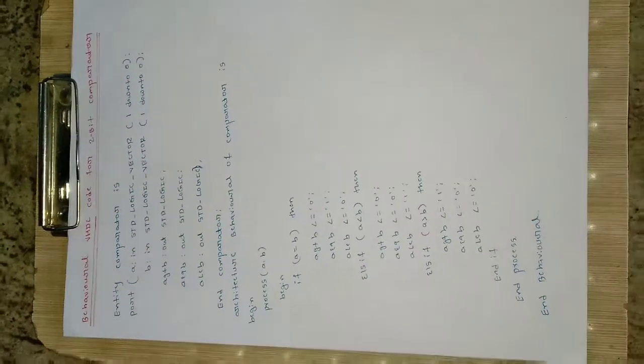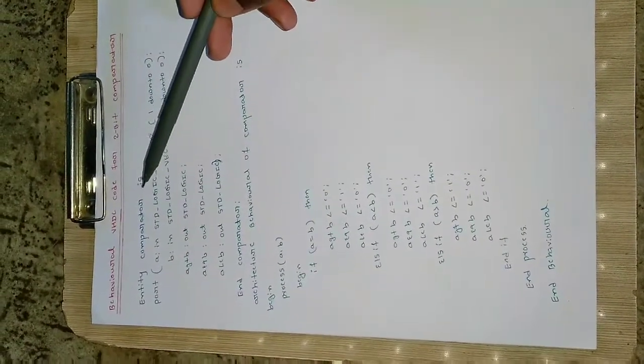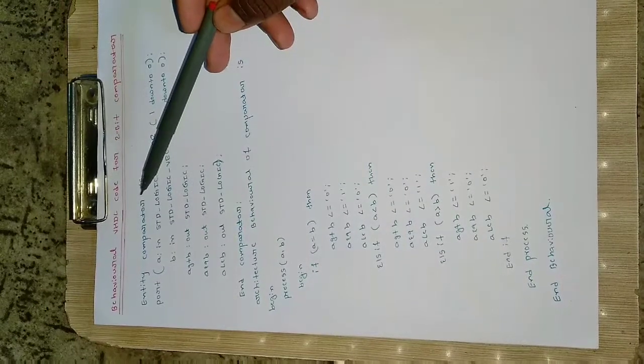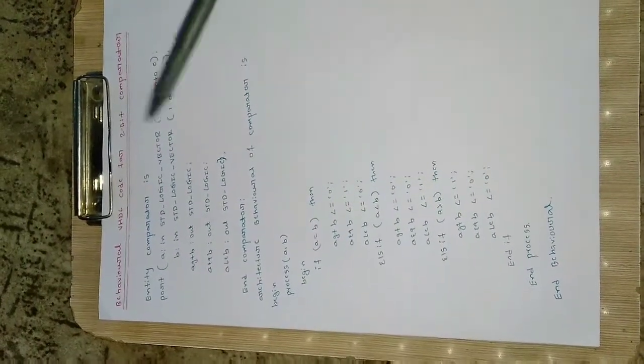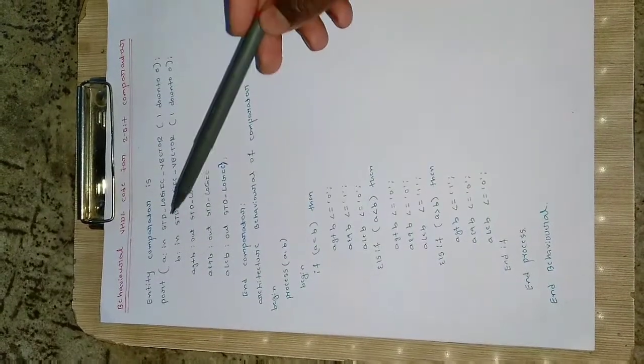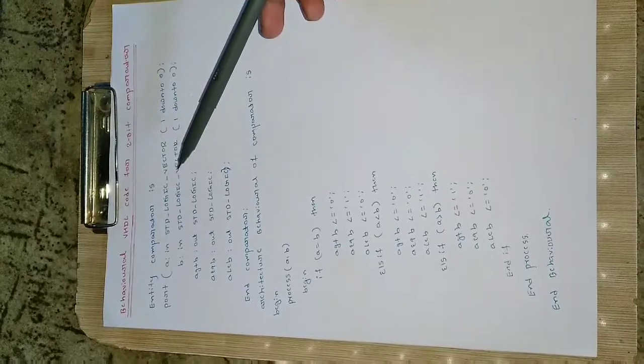Okay, so now we'll see the code and how I'm writing it. First, entity comparator is. Comparator is a user-defined name here, so you can give anything of your choice. Then define the input and output ports. Port A is the input port in standard logic vector 1 down to 0.